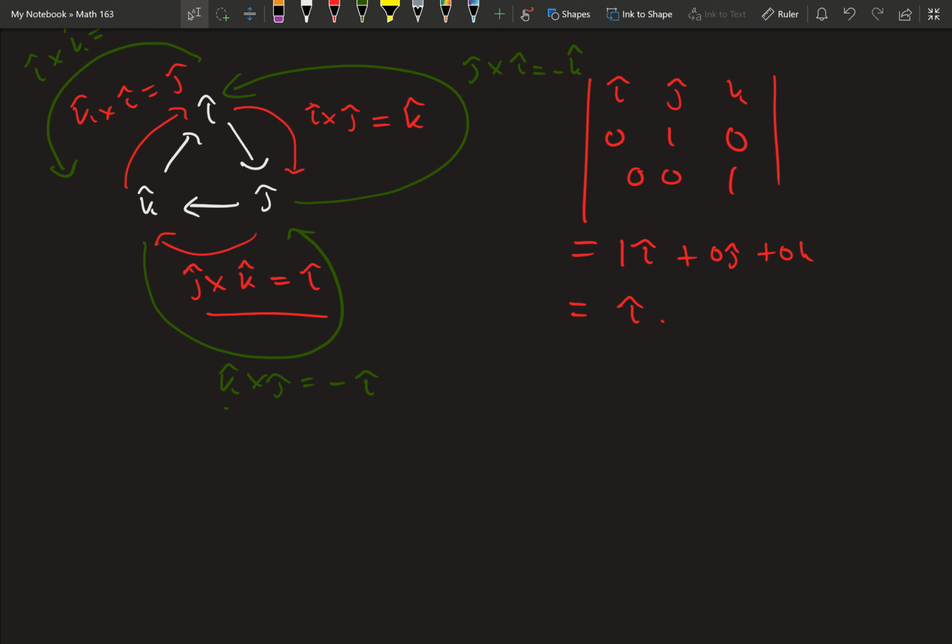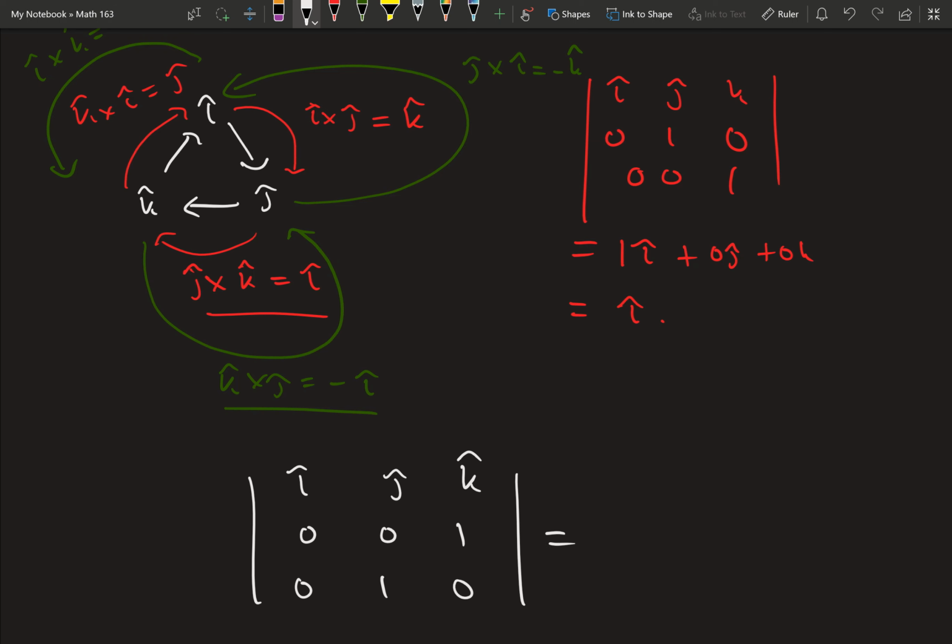So let's just prove the corresponding one of what we did just now. So let's compute k cross j. So here's k, 0, 0, 1. Here's j, 0, 1, 0.